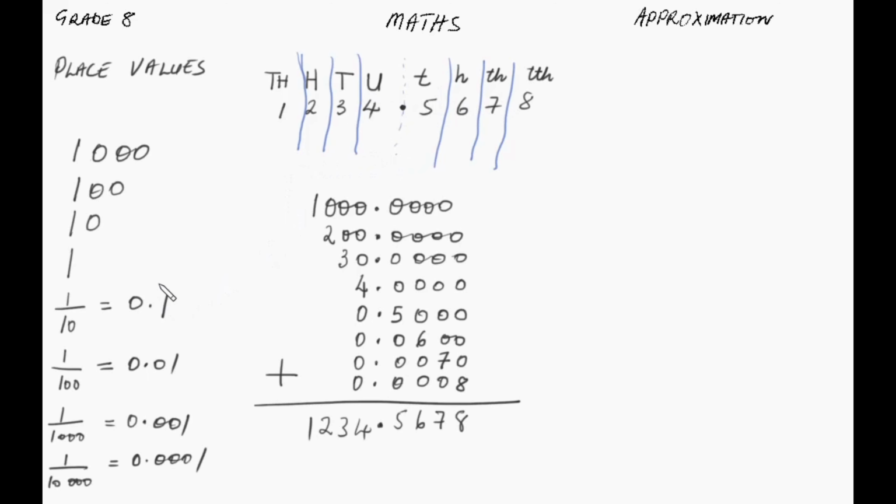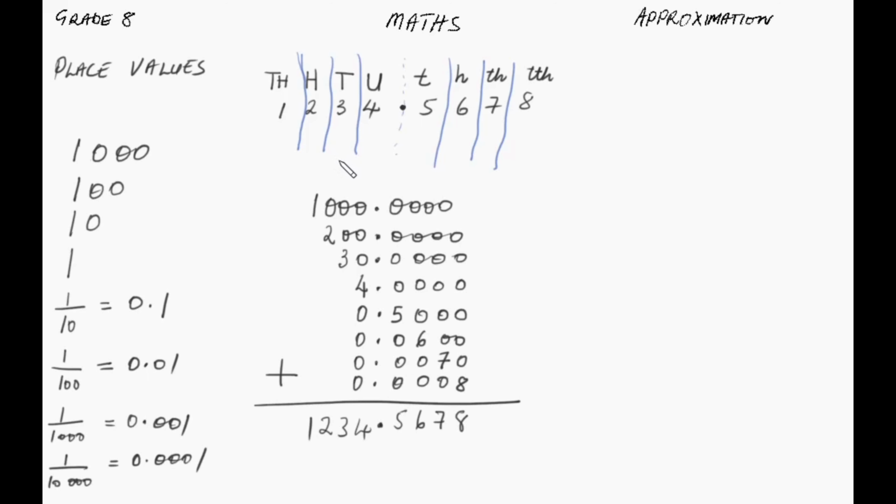Now you understand that when we talk of a tenth, we are talking about one decimal place, a hundredth, two decimal places, a thousandth, three decimal places, a 10,000th, four decimal places. That's when we are dealing with decimal numbers under approximation.